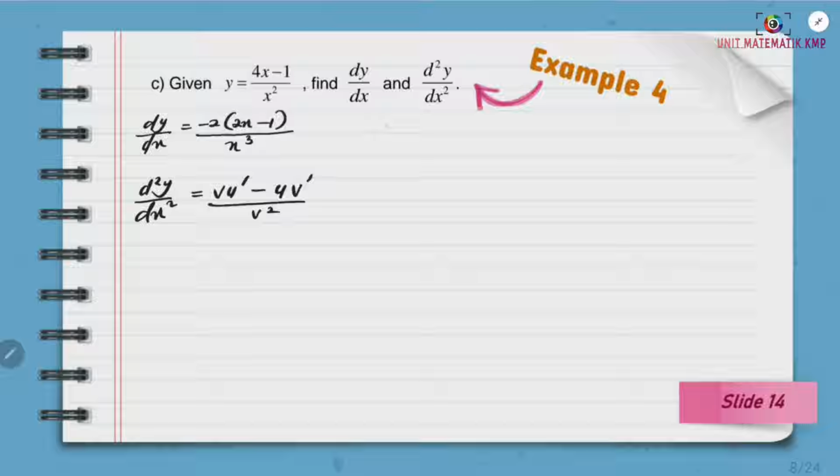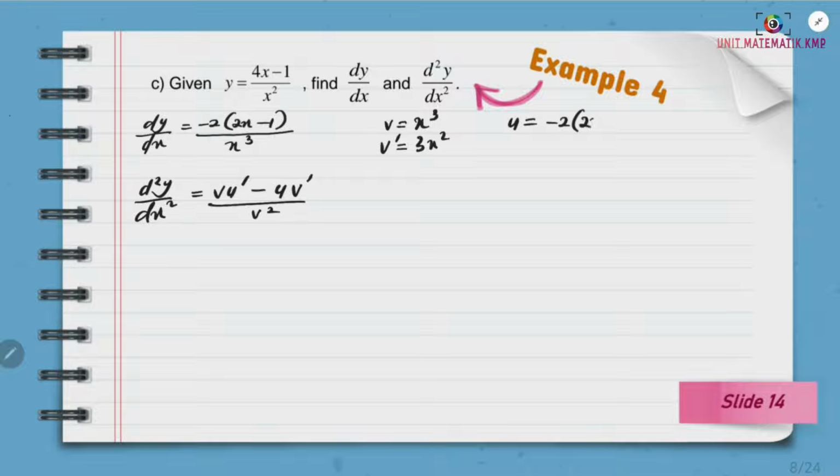We write v, the denominator, is x cubed, v prime is equal to 3x squared, and u, the numerator, is negative 2 times (2x minus 1). Differentiate u, or u prime: negative 2 times the derivative of 2x, which is 2. We have negative 4.